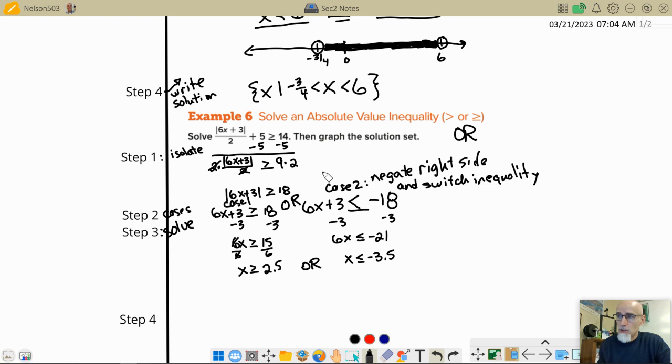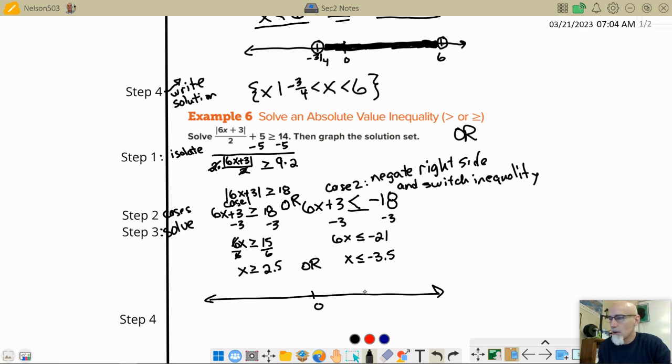So in this situation, when you have a greater than symbol, we have numbers on either side. On the number line, we're going to have numbers going in the direction to the right, and we're going to have numbers going to the left.